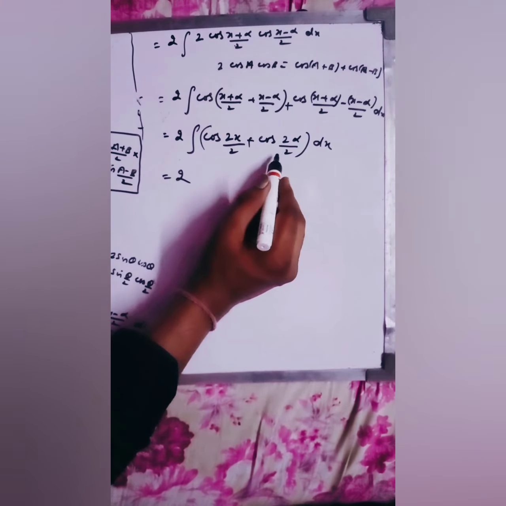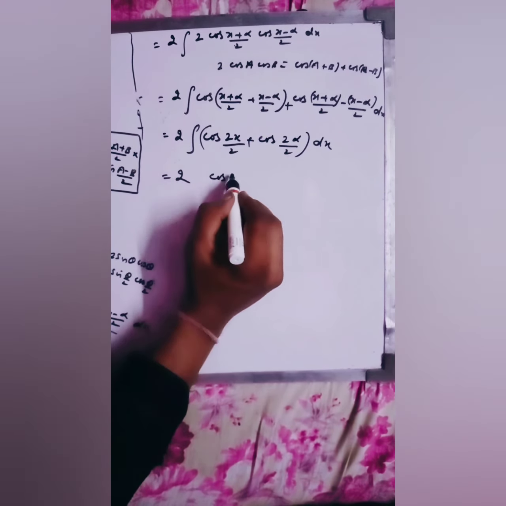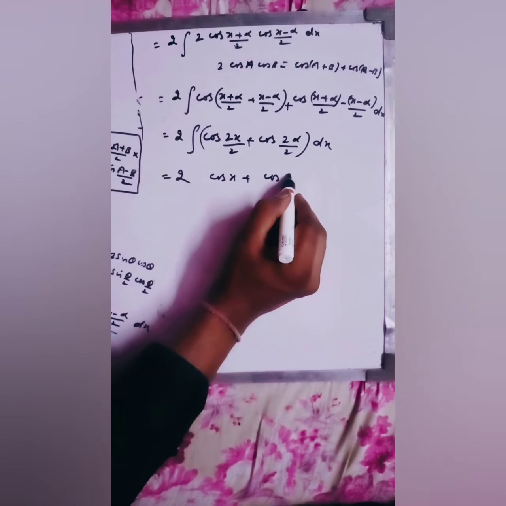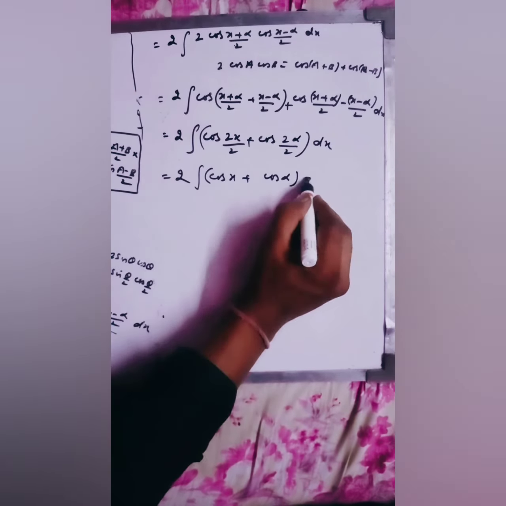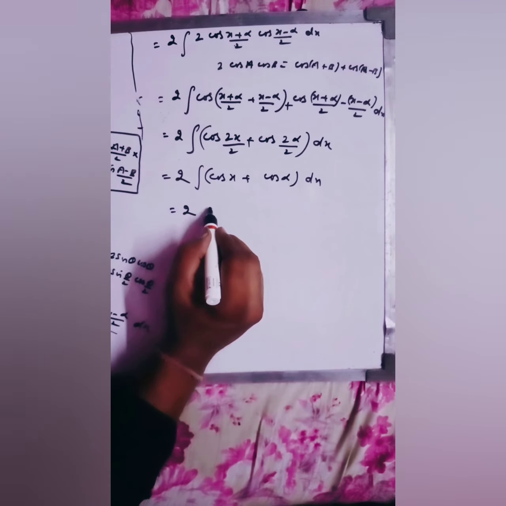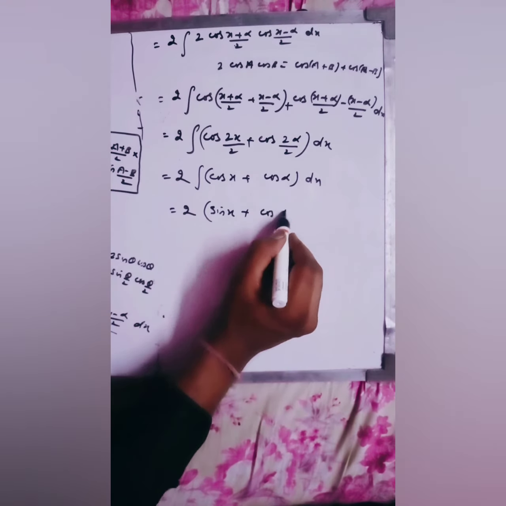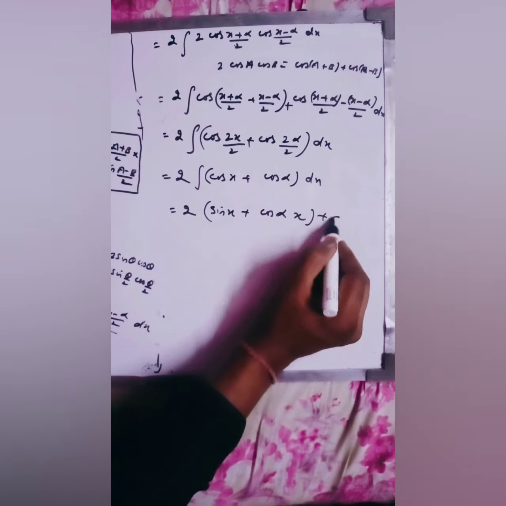This 2 you have to keep outside, and you can divide these two, you will get x only, and here you will get cos alpha only. So the integration of cos x would be sin x plus cos alpha is a constant, so x will come, plus c. So this is your final answer of this question. Okay, so note it down.